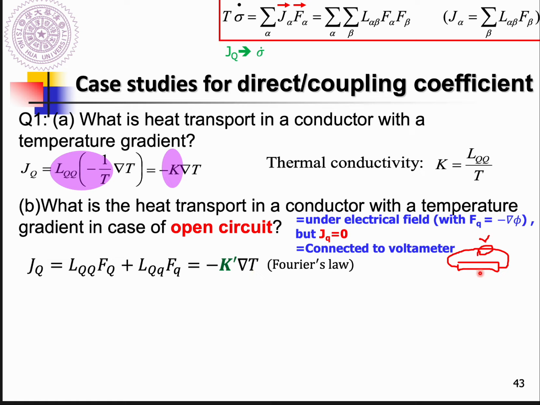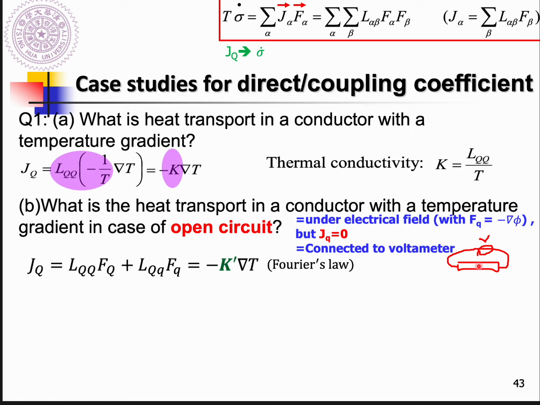And some people will probably ask, Professor, let's say we just directly connect to a voltmeter. Is there definitely a driving force of electrical potential gradient applied on these materials? I would say probably yes. The first thing is because you make it a circuit, so you also apply a temperature gradient, right?